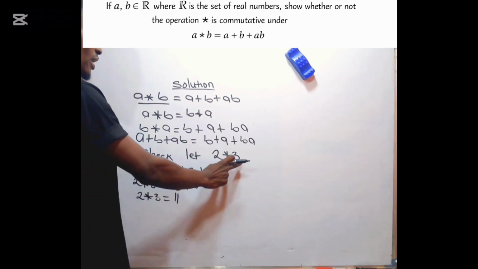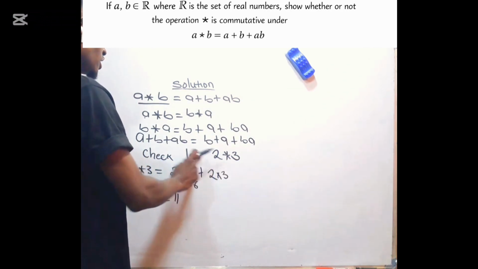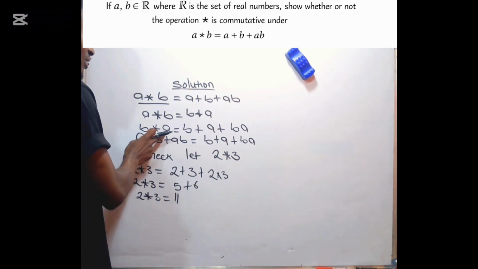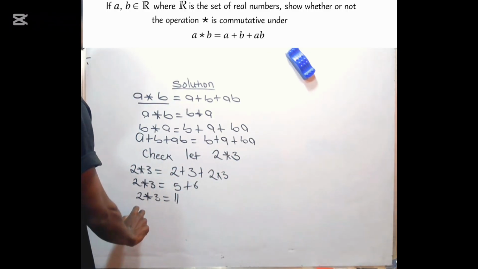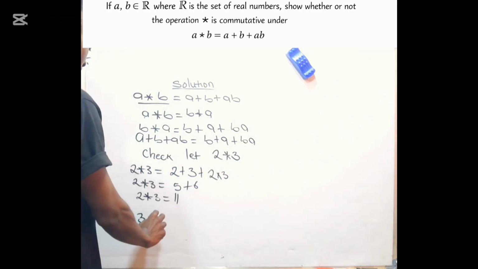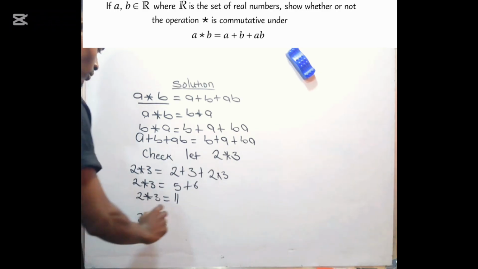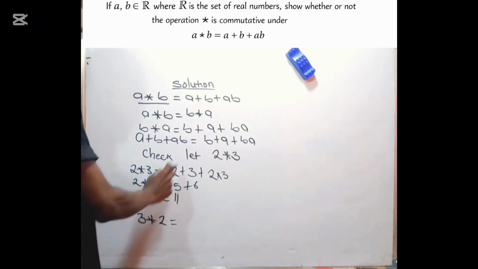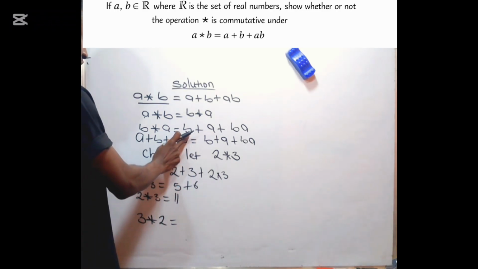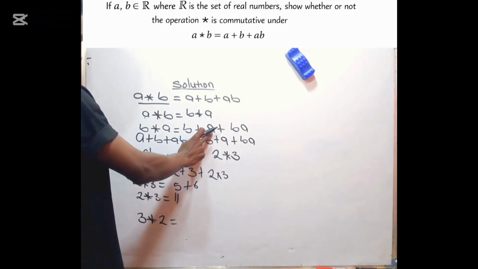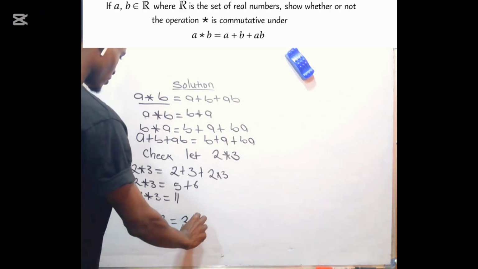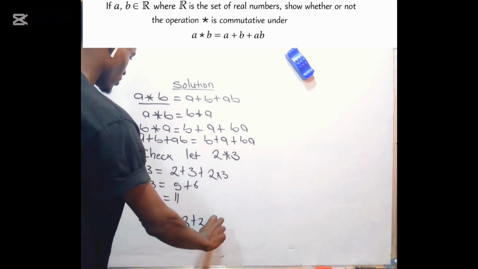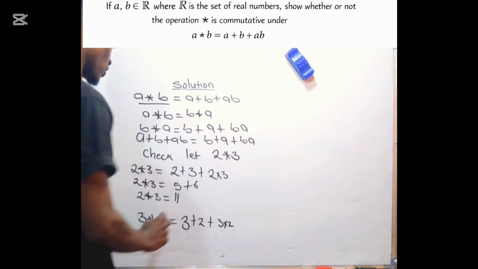Now, still using 2 and 3, let's interchange it as b asterisk a, which will now be what? 3 asterisk 2. So using 3 asterisk 2, what's 3 asterisk 2? 3 plus 2 plus 3 times 2.